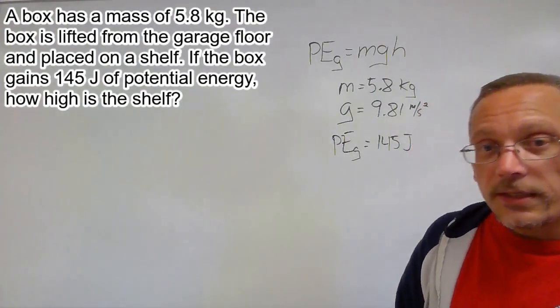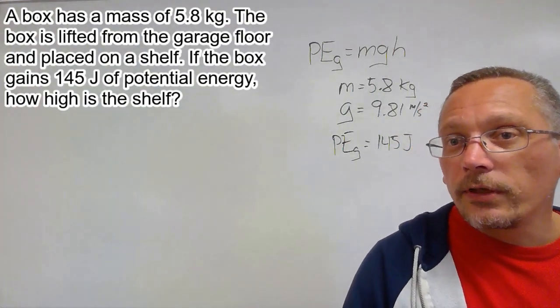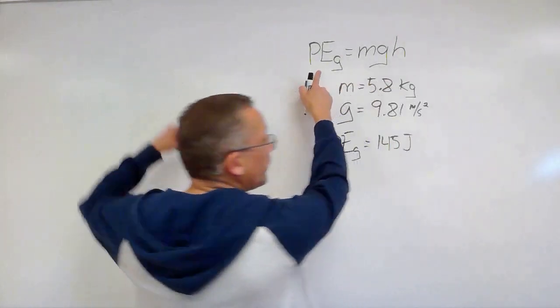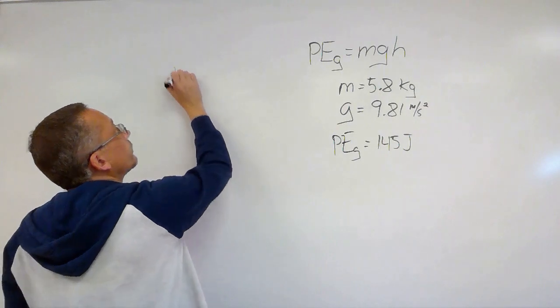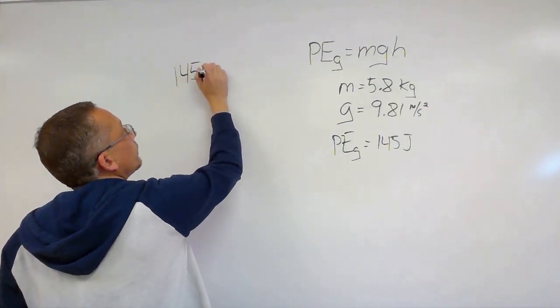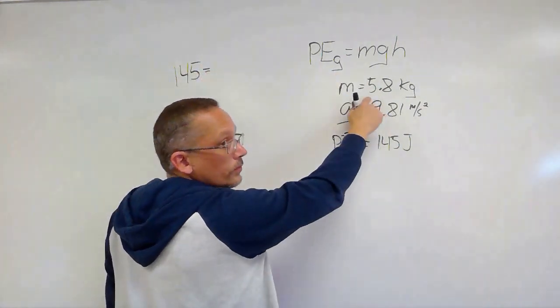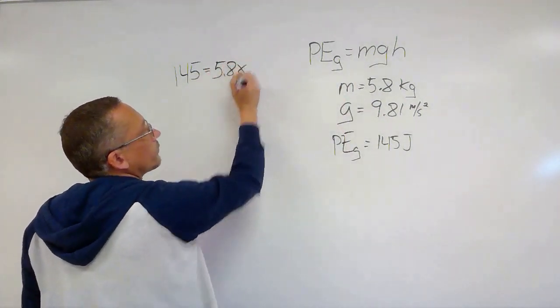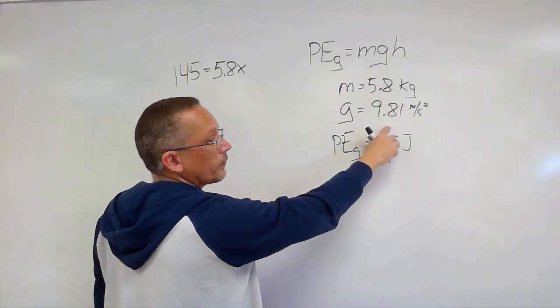Now all we have to do is take these numbers, put them into our equation, and solve it. PE from gravity is 145. Mass is 5.8. g is 9.81.